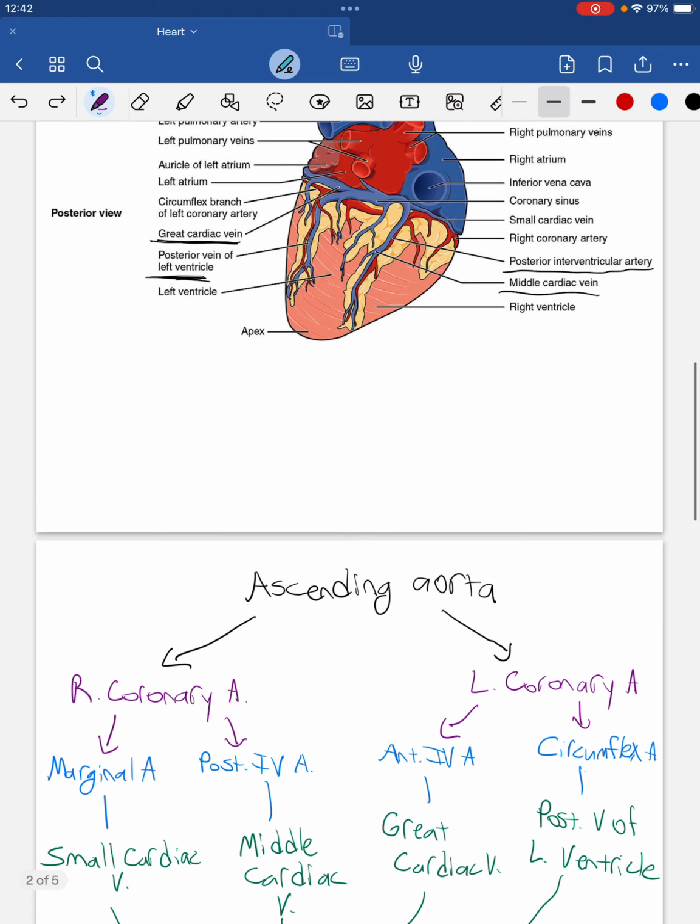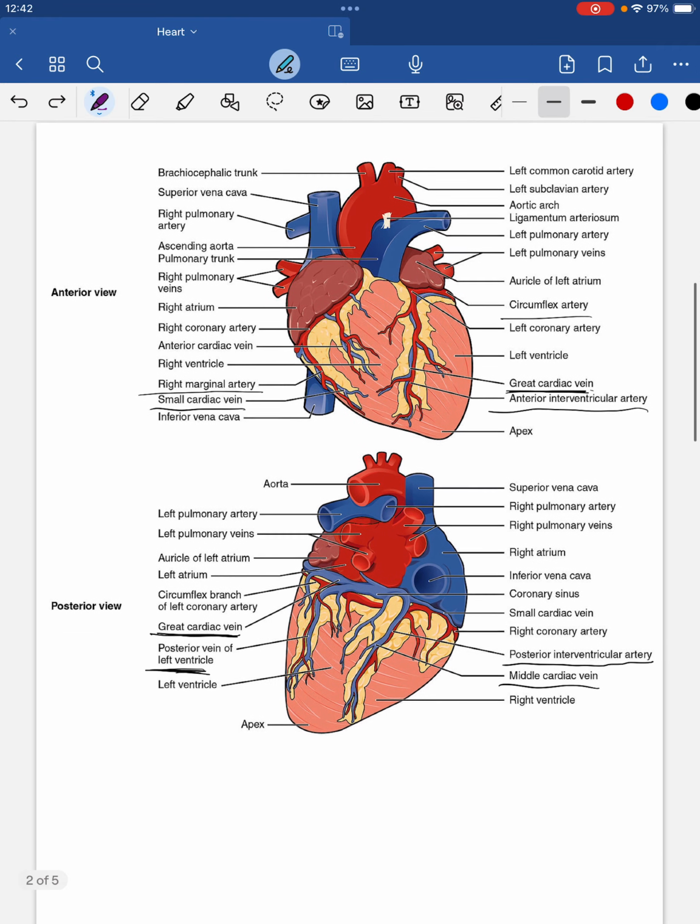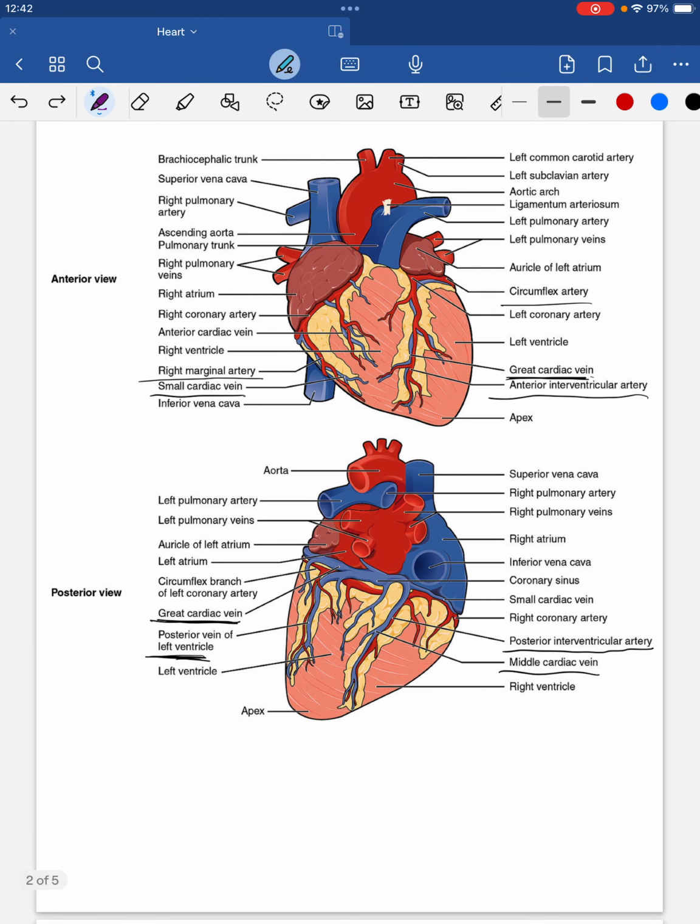So I'm just going to go back up here and go through that flow chart with some more details as well, so make sure you're listening. Okay, all right, so here is our aorta, right? This part is the ascending aorta because it comes from the ventricle into the aorta, and then it descends to the rest of the body.